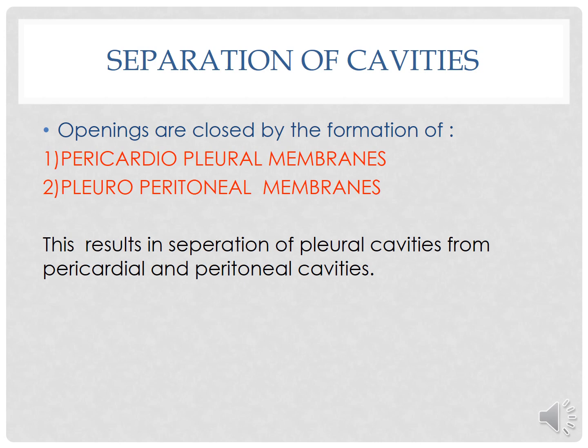The cavities have to separate, and that occurs by virtue of the formation of certain membranes. We have two types of membranes: the pericardio-pleural membrane and the pleuroperitoneal membrane. As the names suggest, the pericardio-pleural membrane will close the pericardio-pleural opening, and the pleuroperitoneal membrane will close the pleuroperitoneal opening, and because of these, all the cavities are separated.